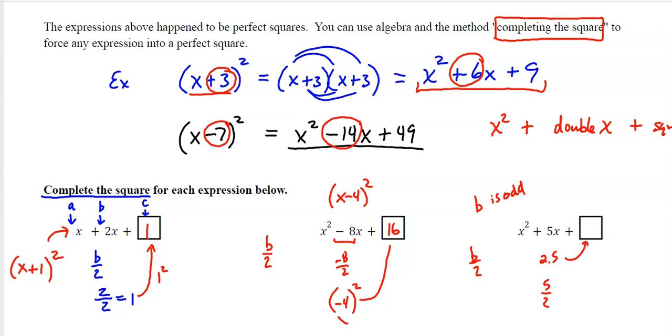When I put that in here, that's going to be 6.25. Or if I wanted to do the 5 halves times itself, well, that's going to be 25 over 4. So either way, those two are going to complete the square. And the actual factoring is going to be x plus 5 halves squared. That makes it a perfect square.